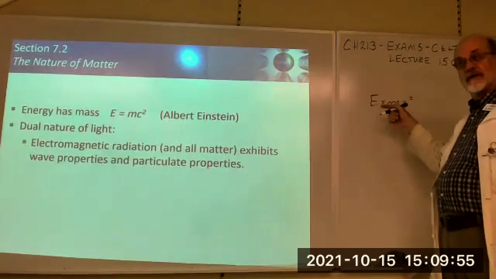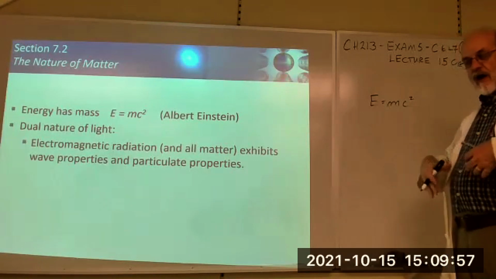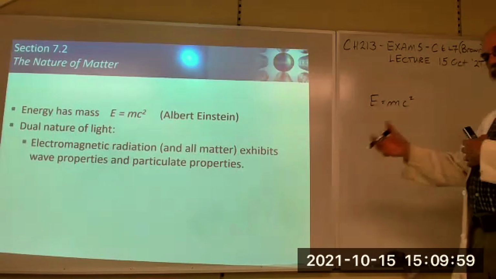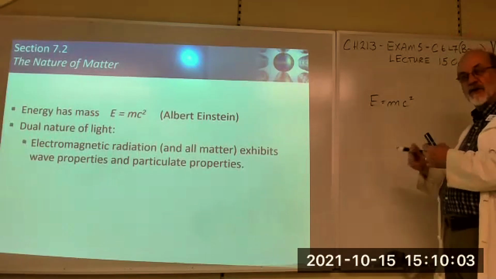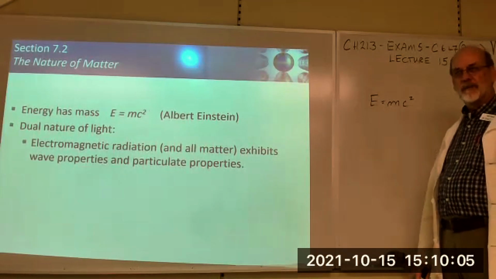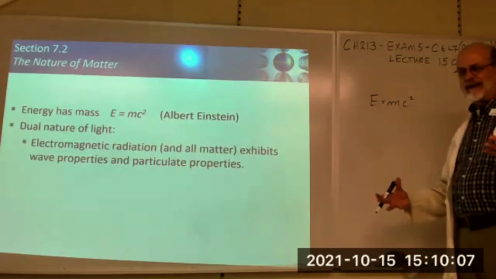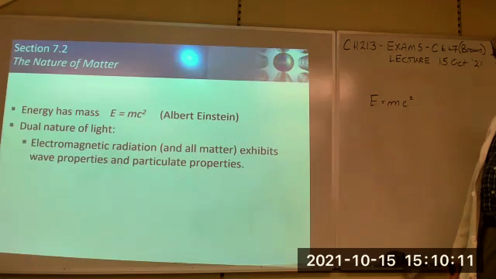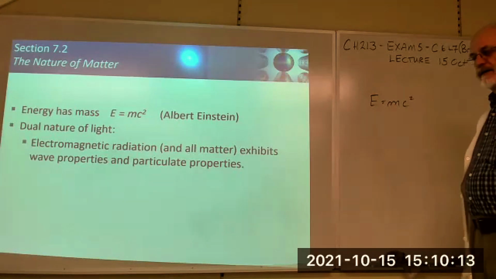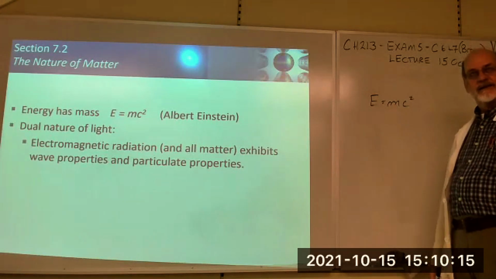That's what this says. In other words, for our bodies moving at a certain speed, we can calculate the wavelength associated with that movement. Now, for something this big, it's insignificant. It's such a long wavelength that it really doesn't have any meaning.